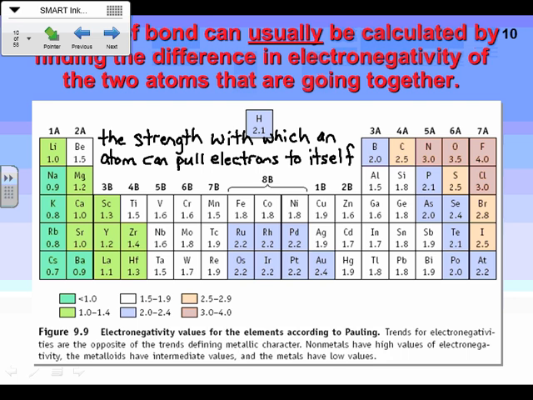And when I mean electrons, I mean additional electrons past what they already have.